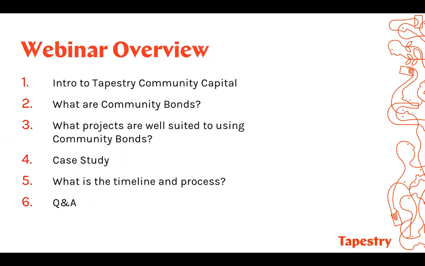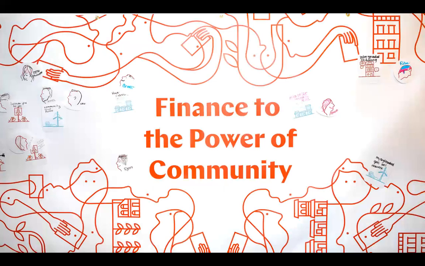I'll give a little case study that I think is quite inspiring, and then I'll do a little breakdown on what the timeline and process looks like for raising community bonds, and then we'll have some time for Q&A if there are any questions.